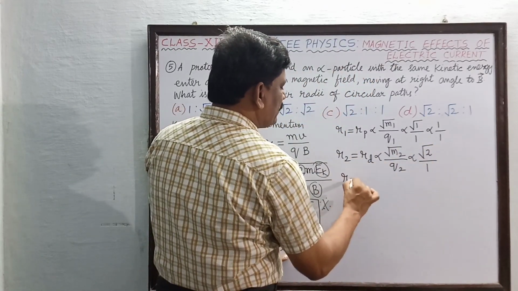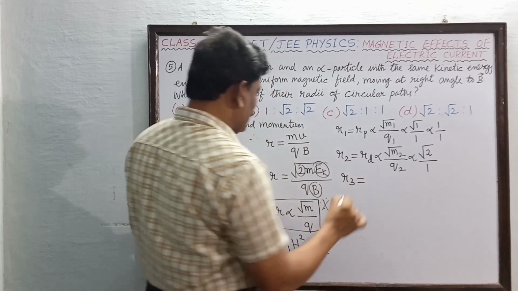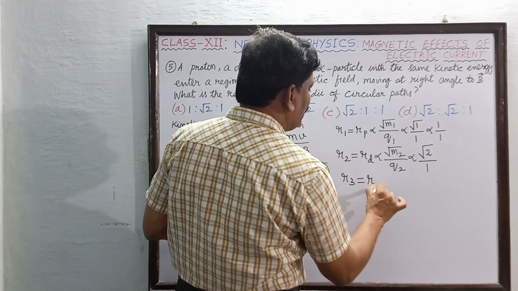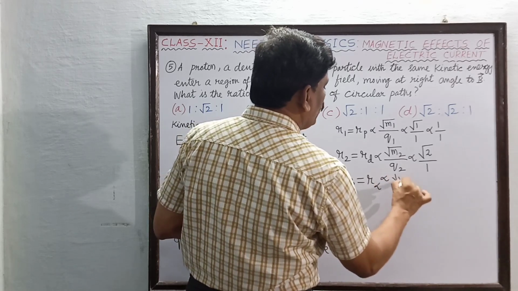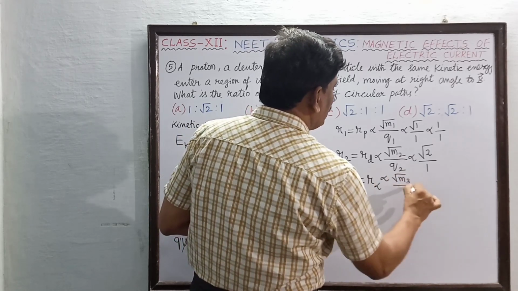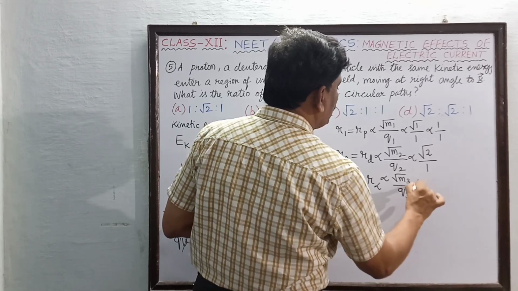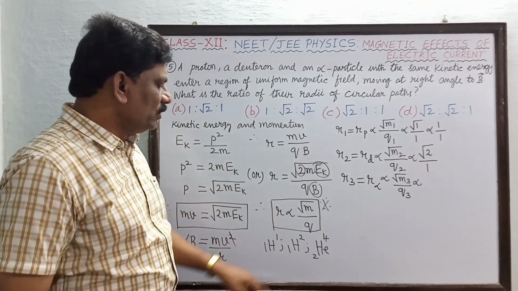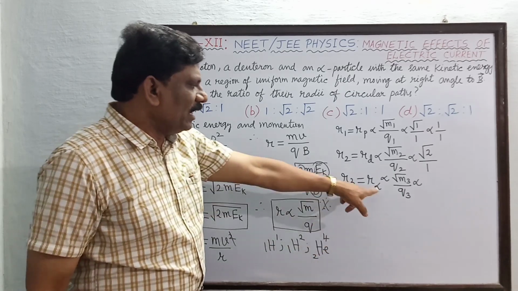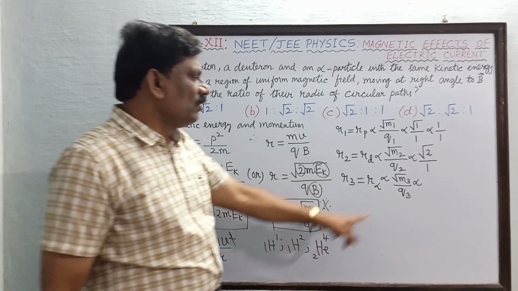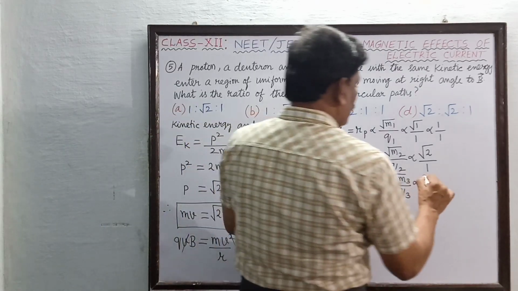The radius of the circular path of the alpha particle, R3 or R alpha, is proportional to square root of m3 divided by charge q3. The mass of the alpha particle is 4 units, so square root of 4 divided by q3, which is 2 units.